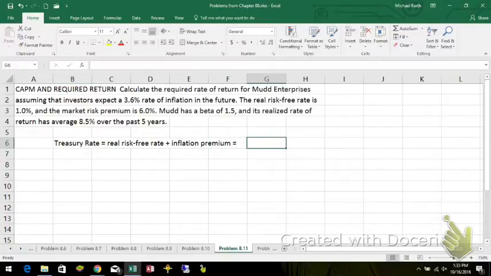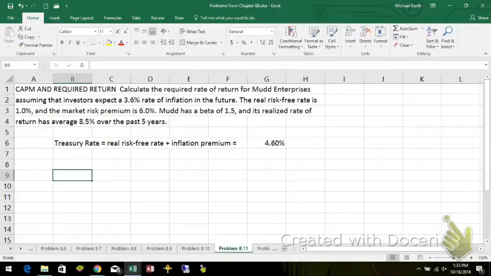So the nominal risk-free rate would be 3.6% inflation plus the 1% real rate. So that's your treasury rate of 4.6%.